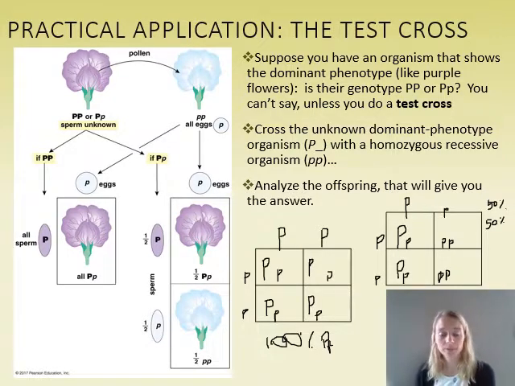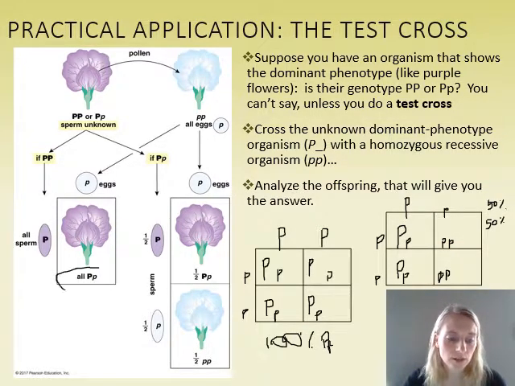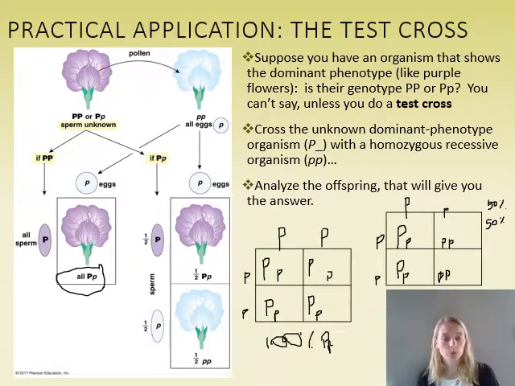A 50-50 split. So if we look at our results, then we can confirm what the dad in this case happens to be. If 100% of the offspring of this cross is purple, then that lets us know that the dad plant, the sperm pollen producing plant, was homozygous dominant.